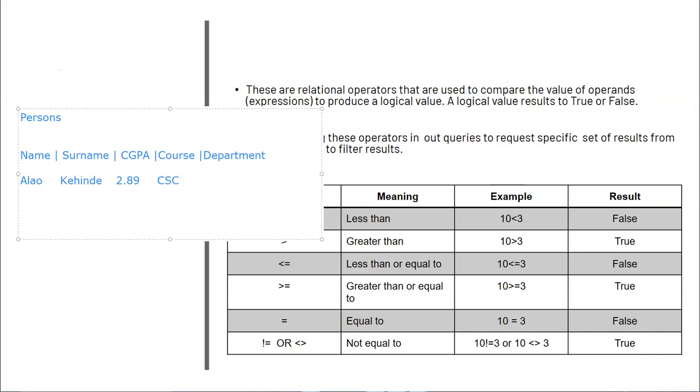He's in natural sciences. Let's say we have Kendi. Kendi's surname is Ade. Let's say CGPA is 3.0. He's studying economics. And then he's in social sciences.